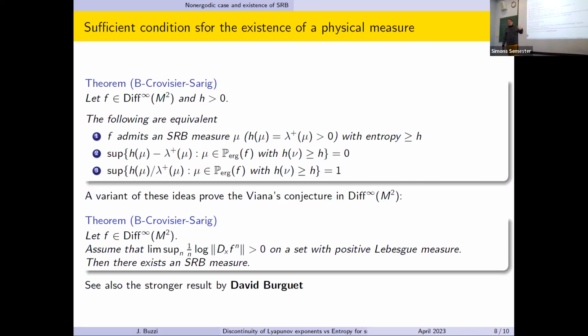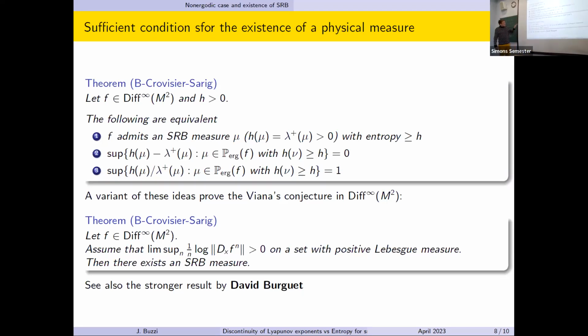So you only need to know that the pressure, which will be defined like that, if you forget about the condition, you can call it the pressure for measures that satisfy this lower bound on the entropy. If it is zero, then it is zero exactly when there exists a measure that realizes the equality among these measures with lower bounded entropy.